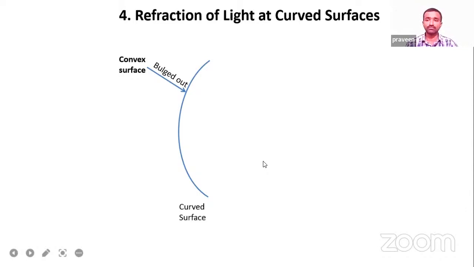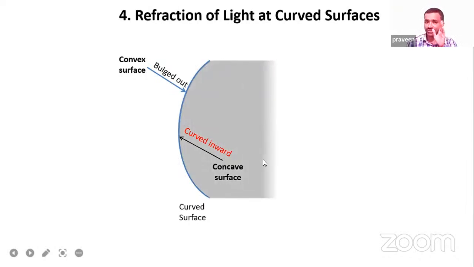Cave, inward, means that's why I'm naming this inward surface a concave surface. Concave surface. Here, on one side I'll imagine the simple medium called a rarer medium, air, and the other surface I'm shading. That shaded region represents the denser medium.